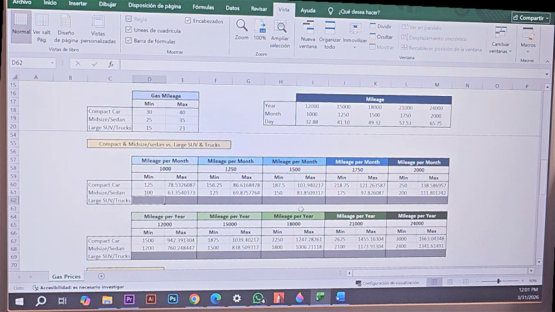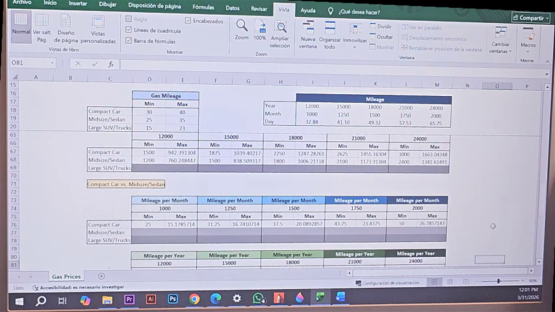As the mileage goes up, the savings are greater because more money is being saved by using the compact car and the midsize sedan in comparison to the large SUV.